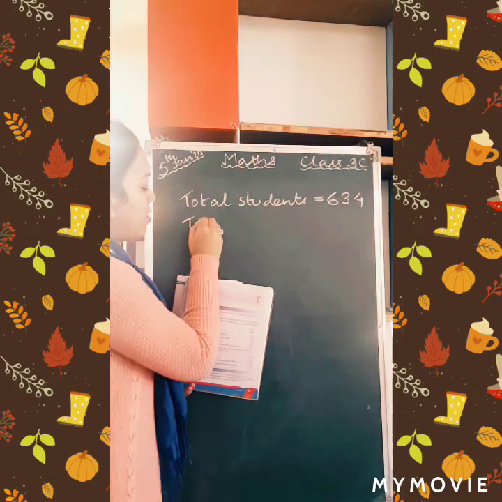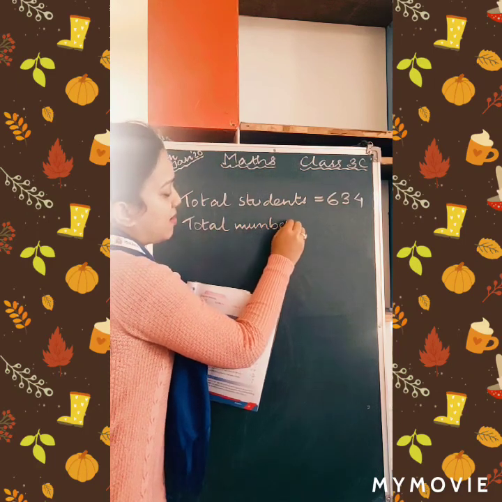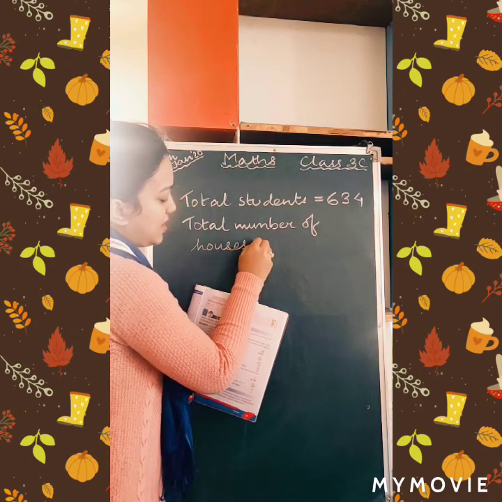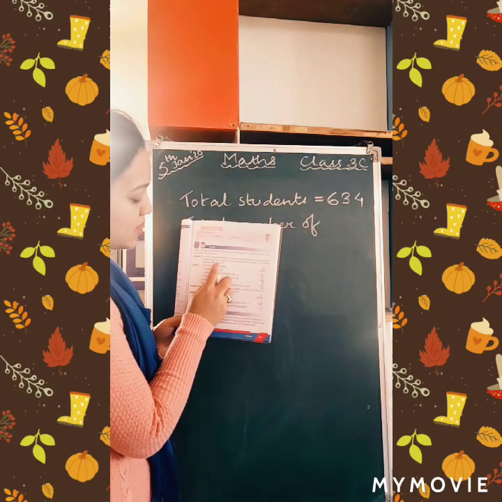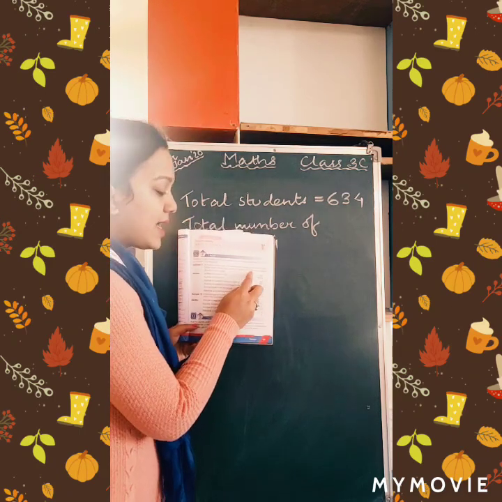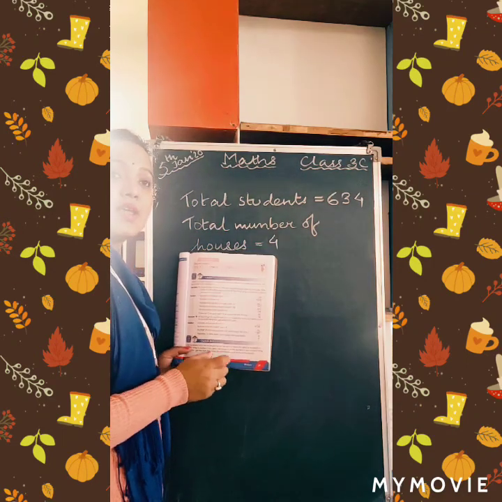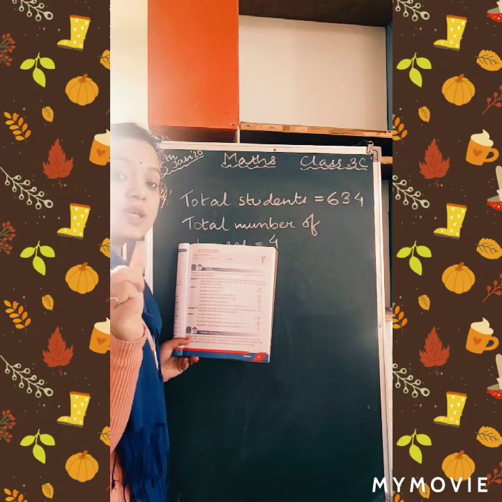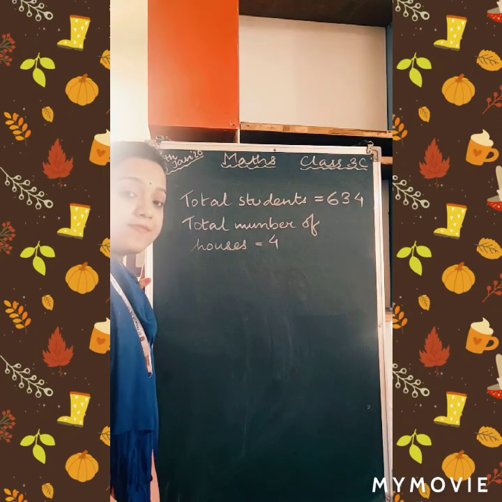So total number of houses is equal to 4. Now, how many students are there in a house? Are there any students who are not grouped into a house? They are asking you how many students fit in one house and is there any student who is not in any house. So we will have to divide, correct?